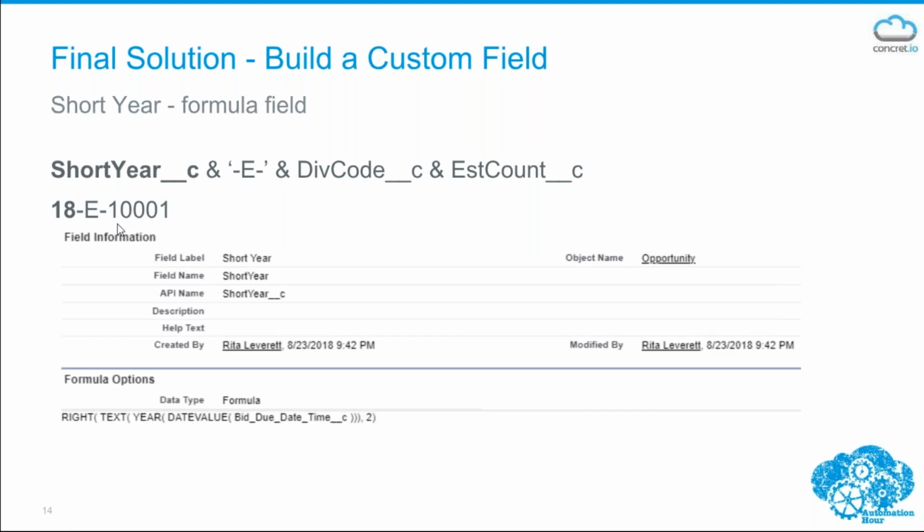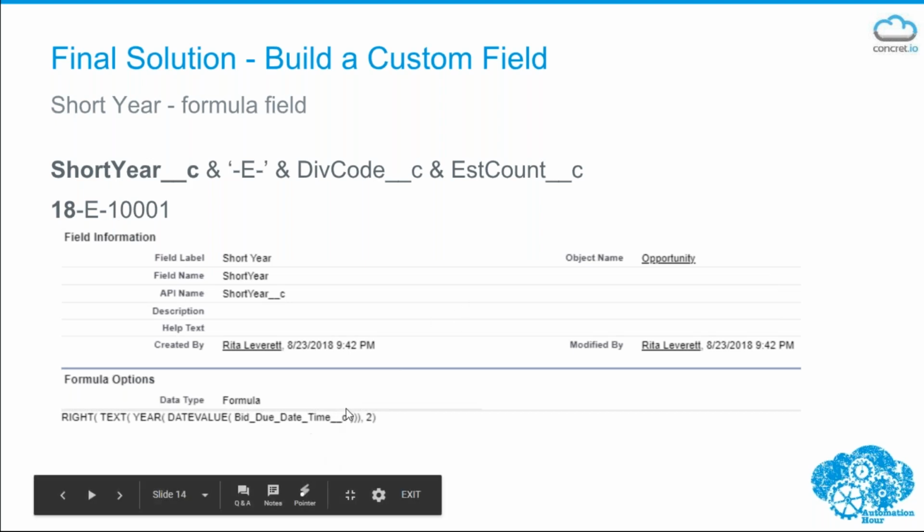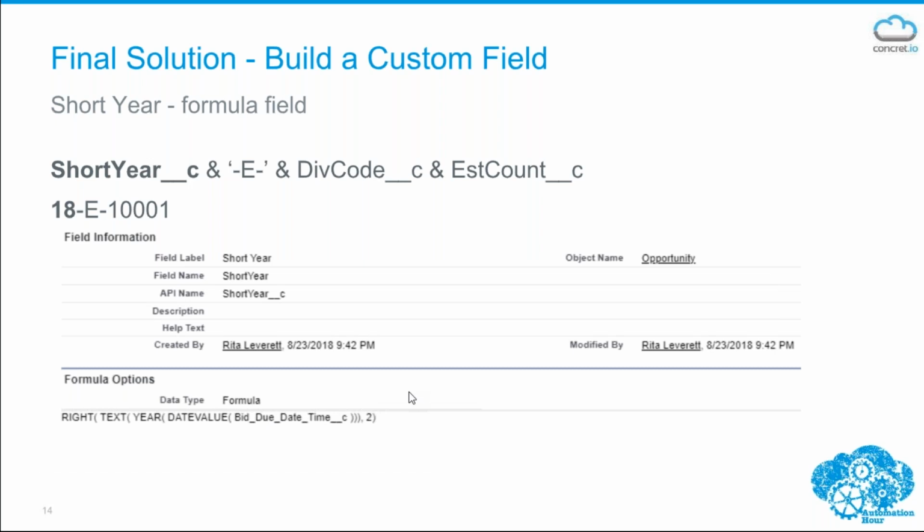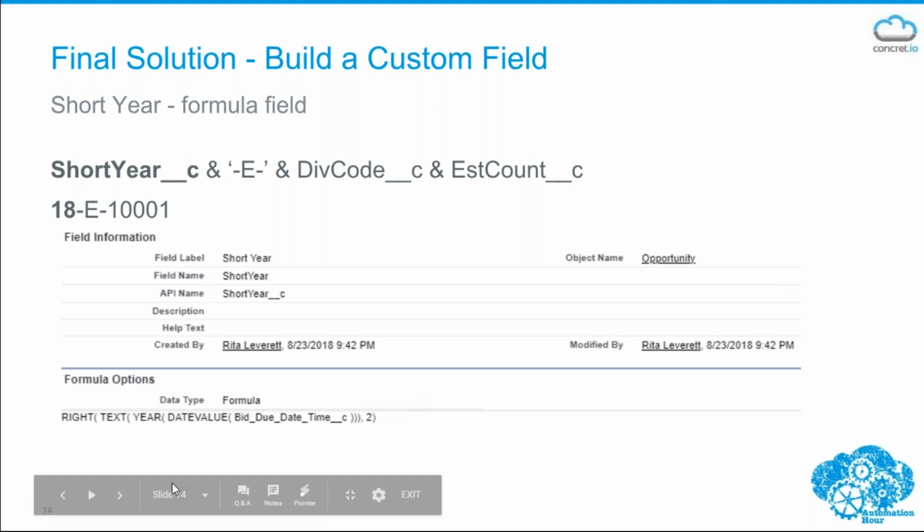So the first part is a field called short year. And it was a formula field based on the bid due date field, which is a date time field. And as always with formulas, we give a shout out to Steve Moe, because I'm sure I got this from him or someone who learned it from him, or on and on.